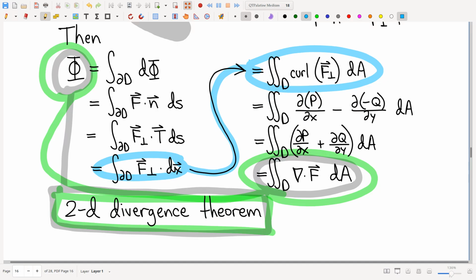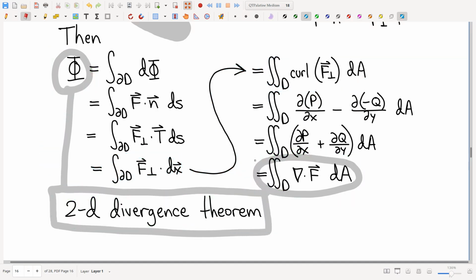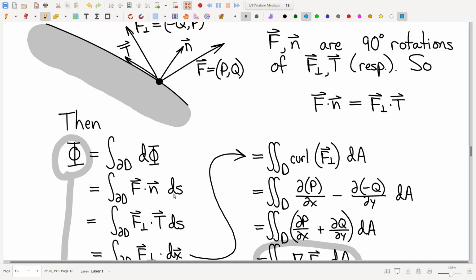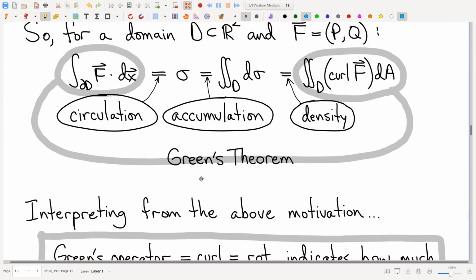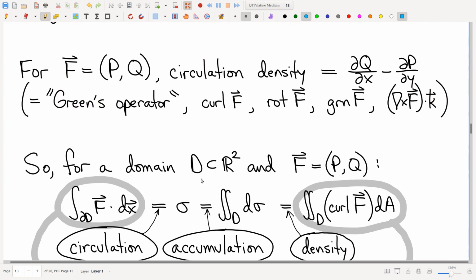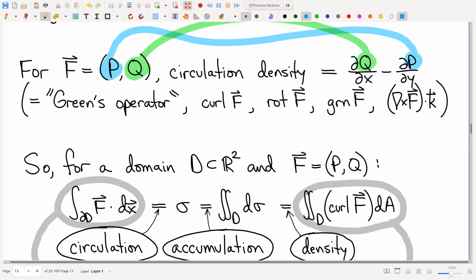Wait, can you explain how you go from curl of f perpendicular? Yeah. So that's right. Let me go back to where we defined curl in the first place. I wrote down this formula, but it's easy to lose track of what's the p and what's the q. The way I like to think about this is the thing you take the x partial of is really the second field coordinate, and the thing you take the y partial of is the first field coordinate.